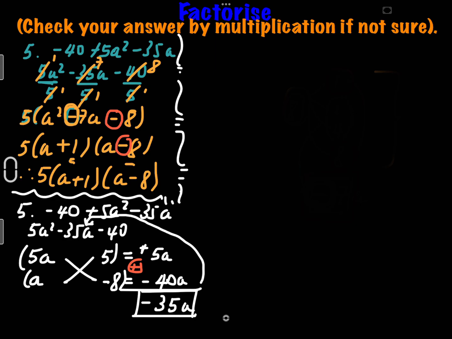So by grouping those factors, we have 5a, remember this is positive, 5a plus 5 multiplied by a minus 8 gives us 5a squared.